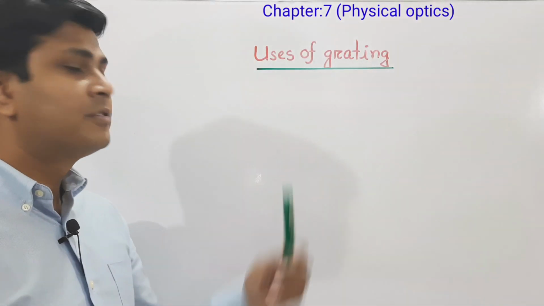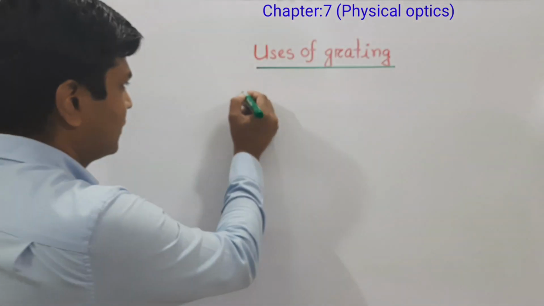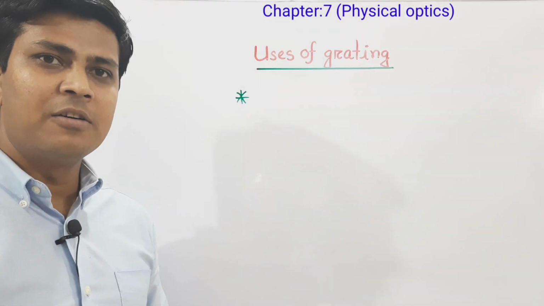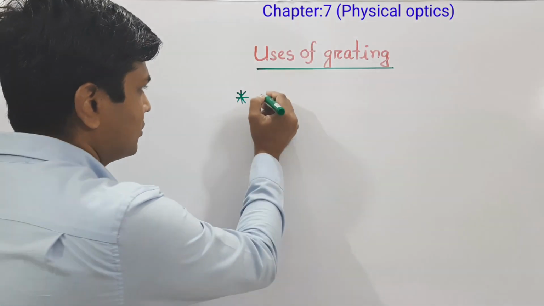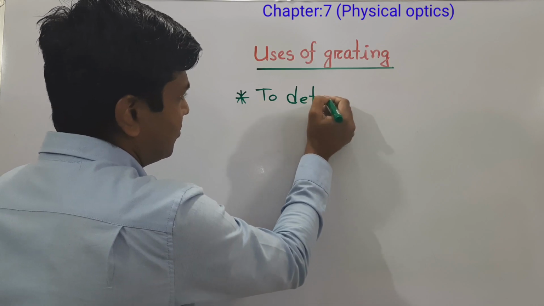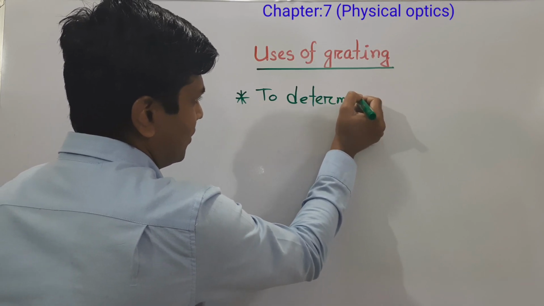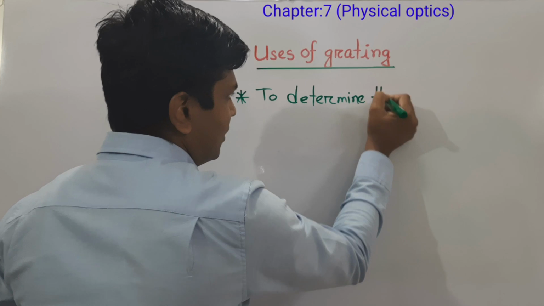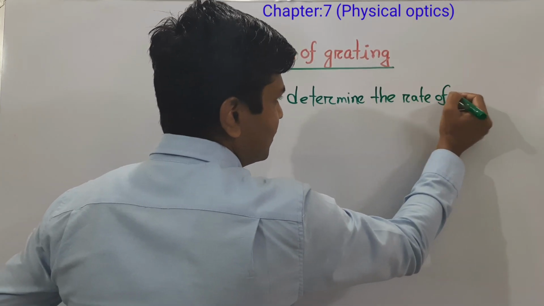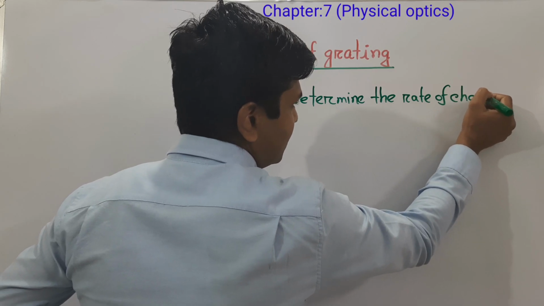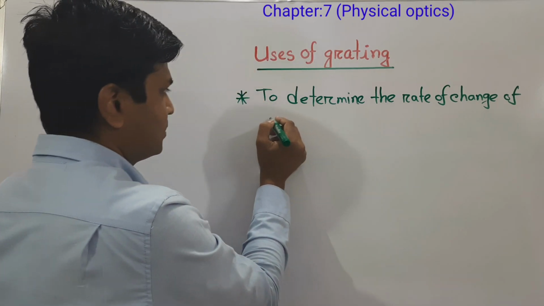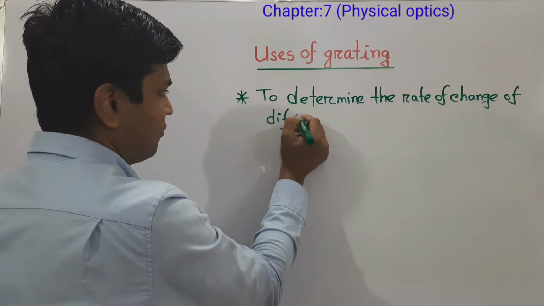Another use of grating: to determine the rate of change of diffraction angle.